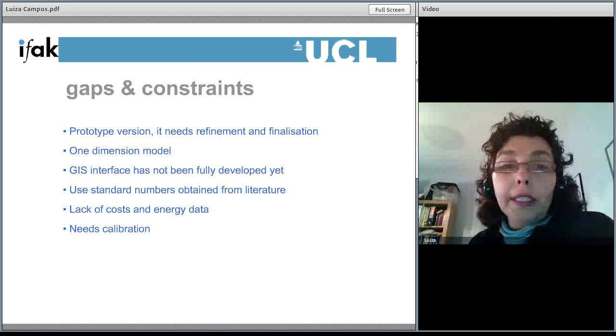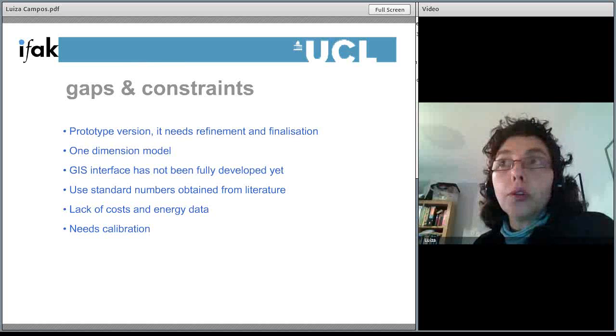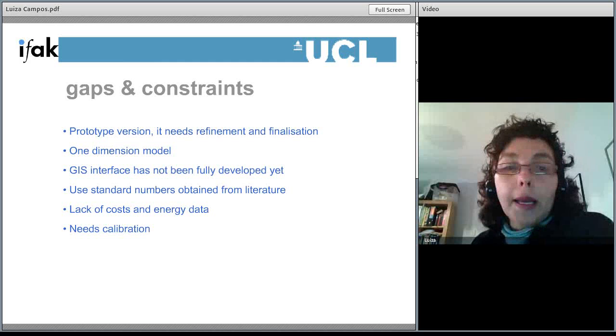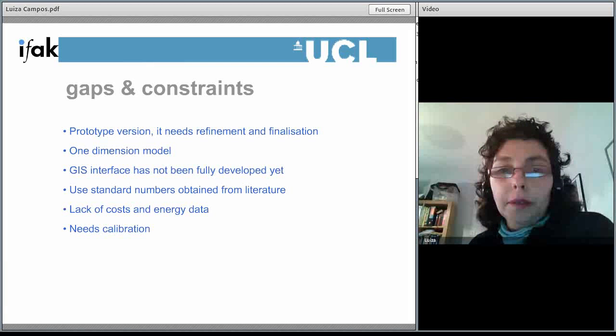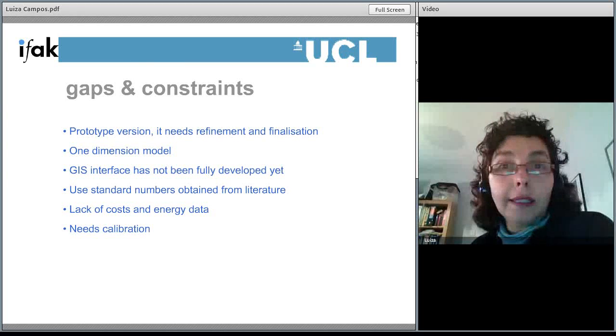Unfortunately, because of the lack of data, most of the parameters and values that we use as input in NewSun come from literature. In particular, we lack a lot of information on cost and energy of the systems.